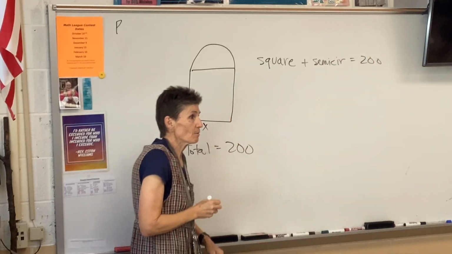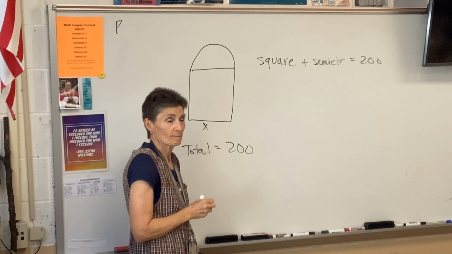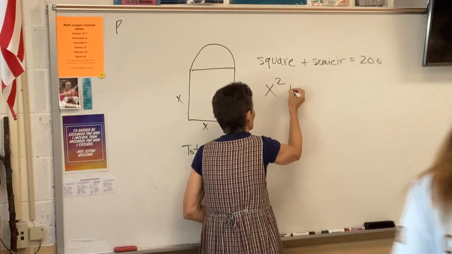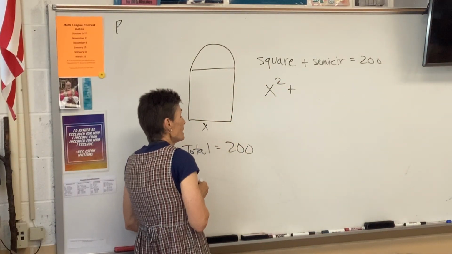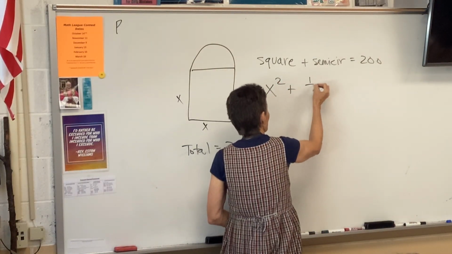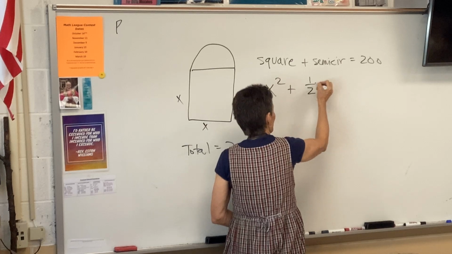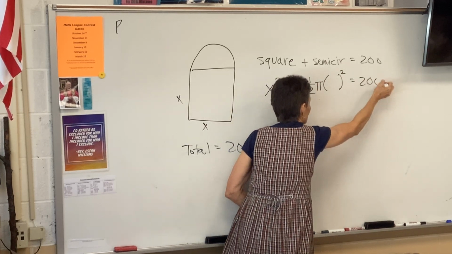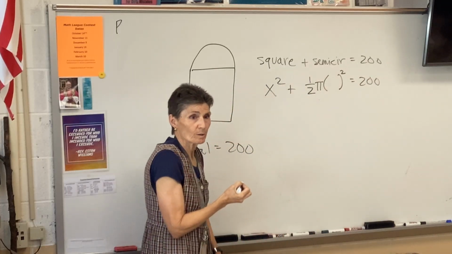So what's the area of the square? X squared. And then the area of the semicircle will be 1/2 pi radius squared. Would you agree with that?